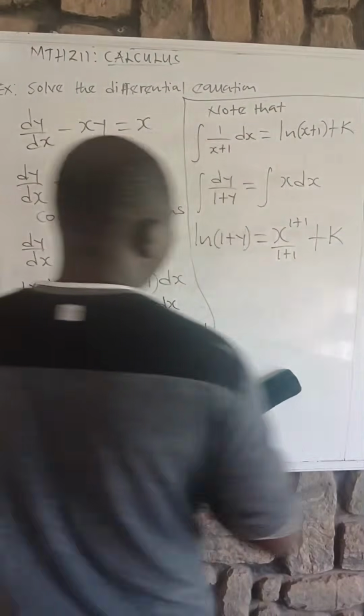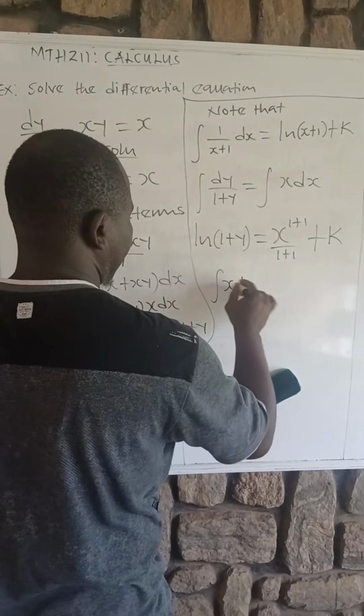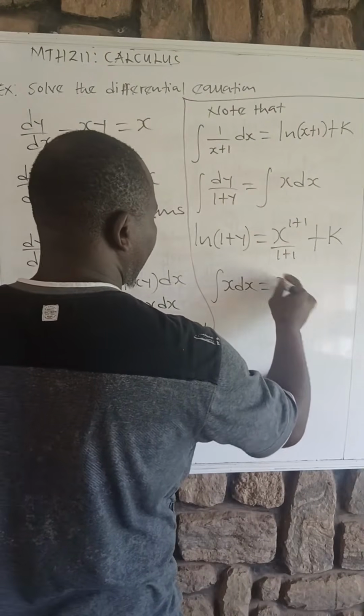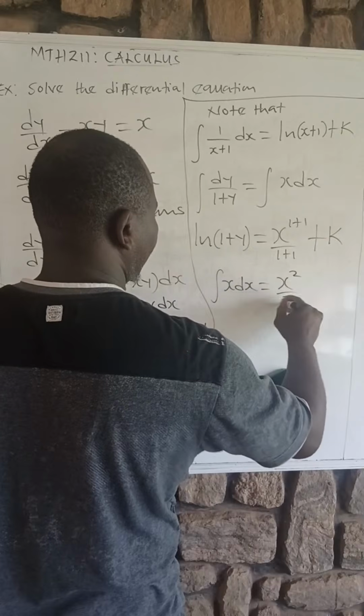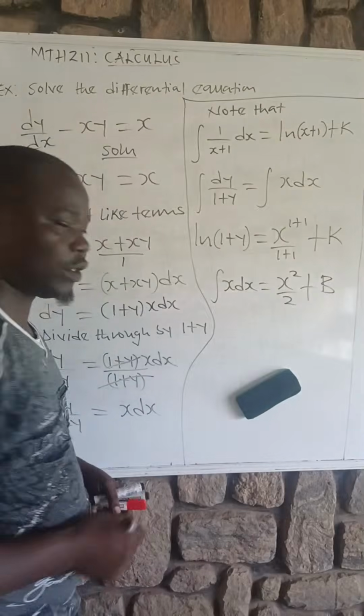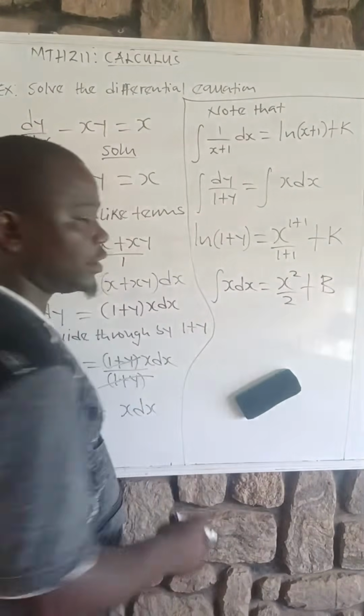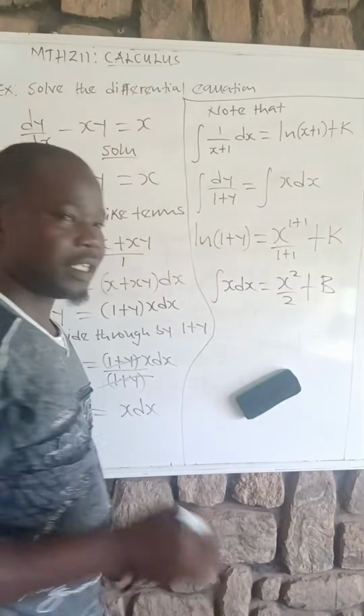I told you that when you integrate any function x dx, you are going to have x raised to the power 2 over 2 plus any constant. It could be b. So if you have something like this, what do you expect? You should have the constant.